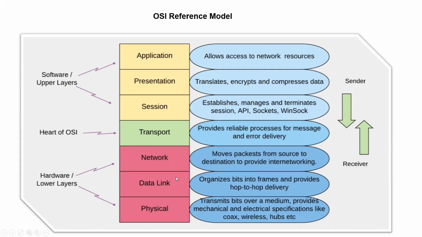The next layer is the data link layer. It organizes bits into frames and provides hop-to-hop delivery. What is the role of the data link layer? It gets the data, and then that data or bits we have to frame.